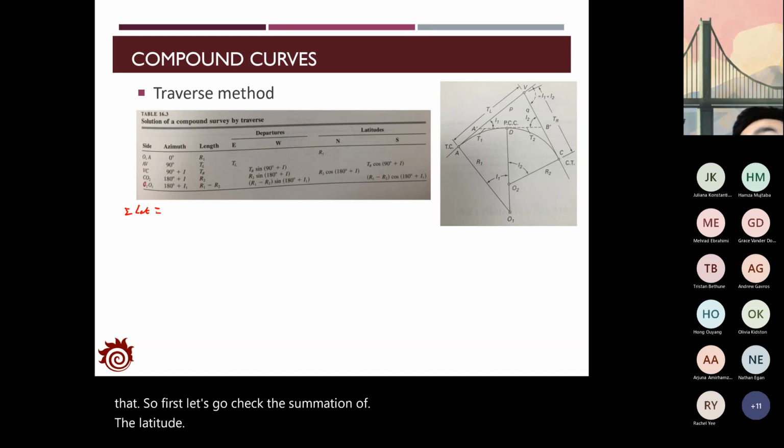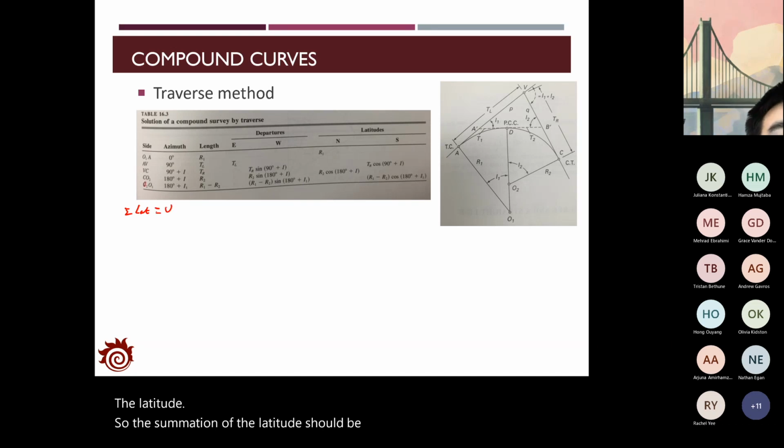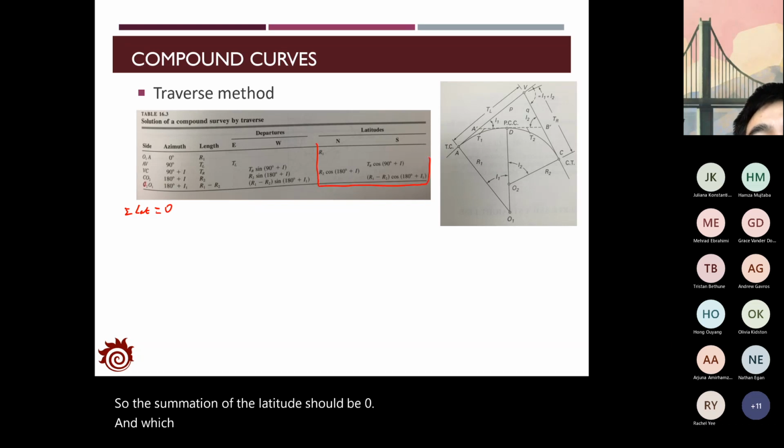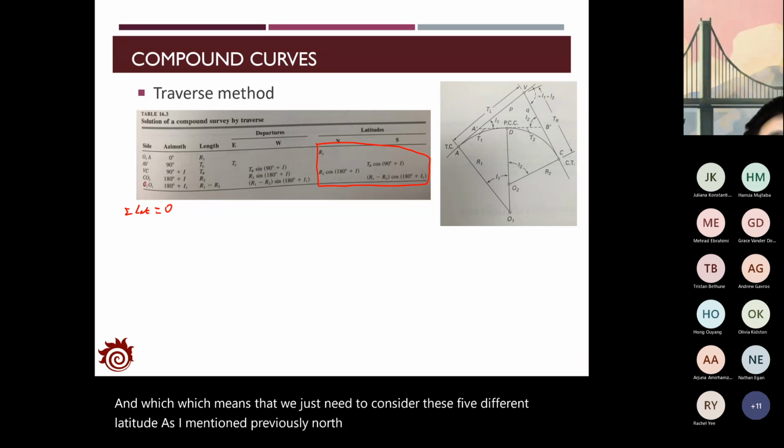So the summation of the latitude should be 0, which means that we just need to consider these 5 different latitudes. As I mentioned previously, north means positive, south means negative.